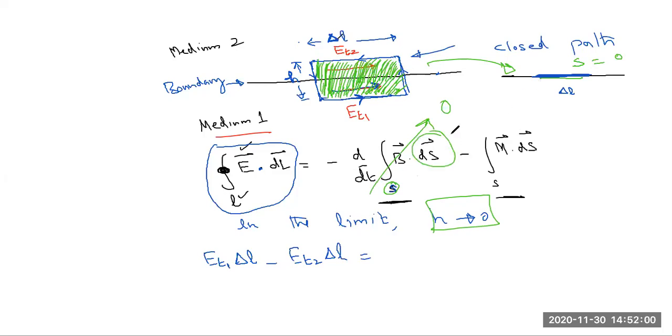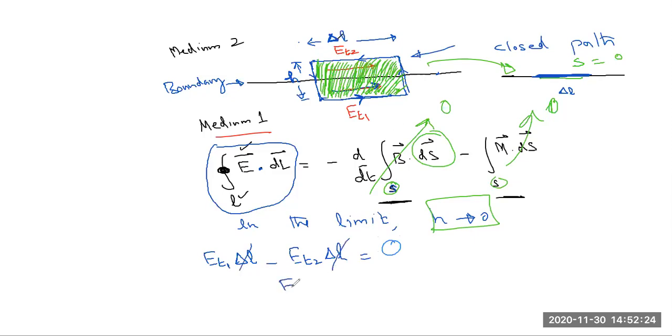If there is no area, no flux passes. Similarly, this S is also 0. So on the right hand side we have 0, and this will cancel out.